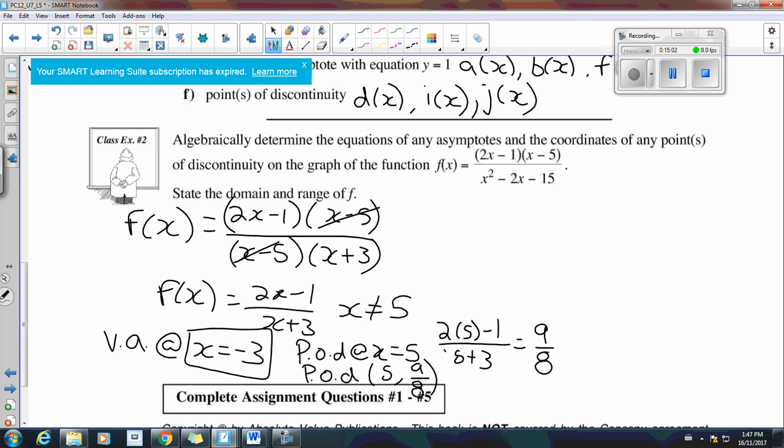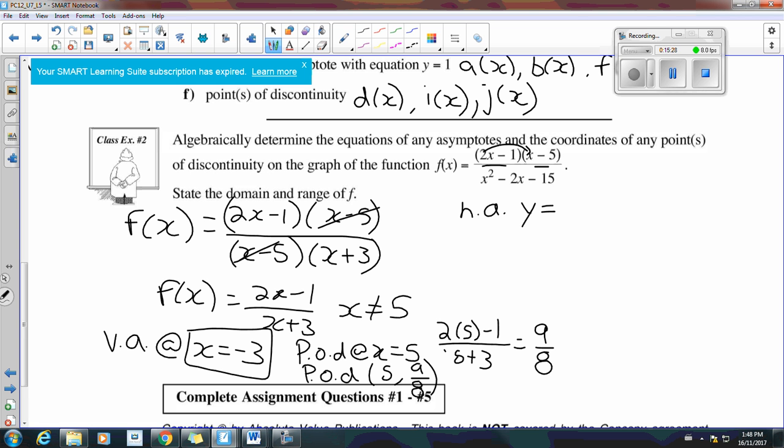Lastly, we should look for a horizontal asymptote. A horizontal asymptote, compare the degrees. Well, this is two binomial factors, so when we multiply that out, we know we're going to have x squared. That's the same thing as the degree in the denominator. So you could think of this in its expanded form to find the leading coefficient, or you could just multiply the first two terms together.